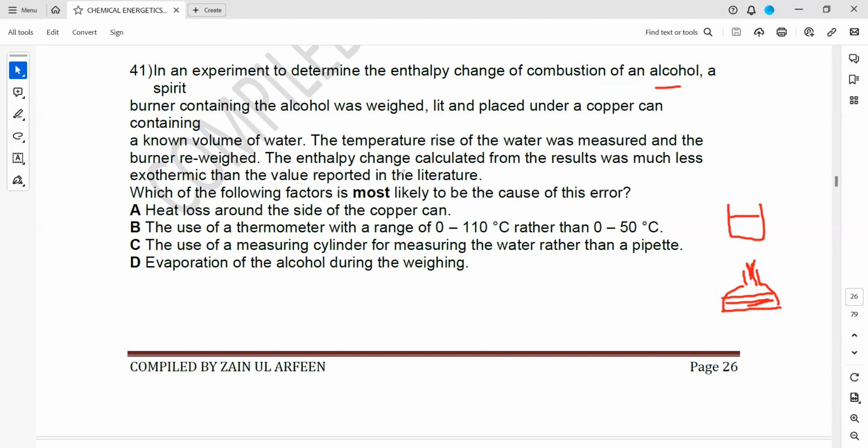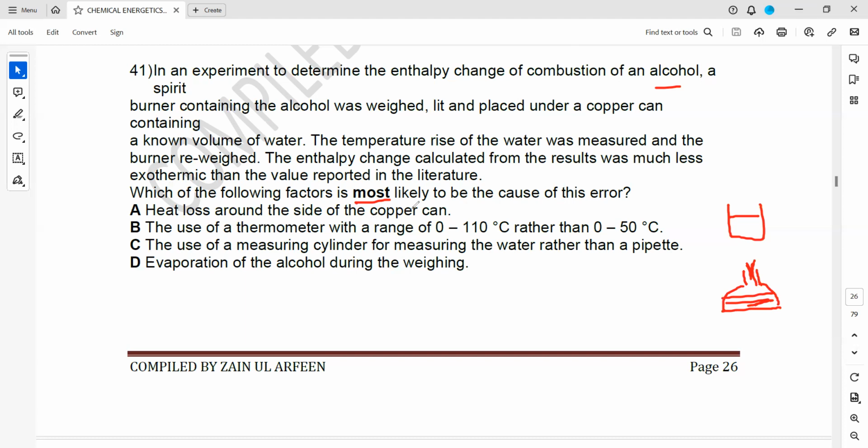The enthalpy change calculated from the results was much less exothermic than the value reported in the literature. Which of the following factors is most likely to be a cause of this error? Why do we have a smaller enthalpy change compared to the predicted value?